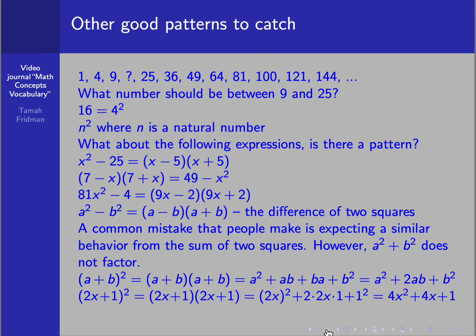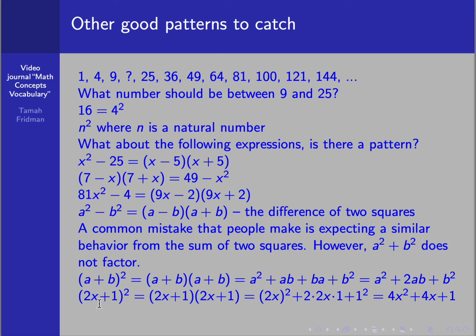Okay, for example, 2x plus 1 squared. If we compute it using the shortcut formula, we would otherwise have to multiply, which is a little bit longer.